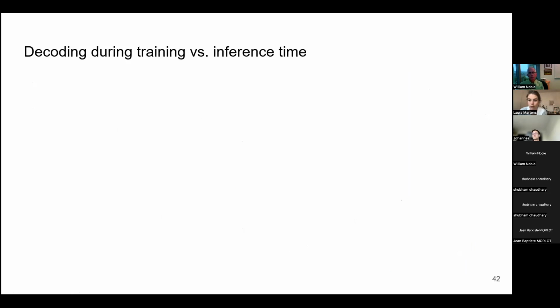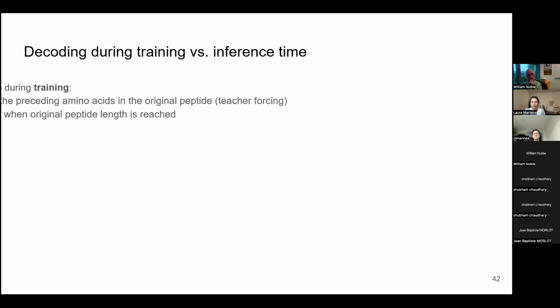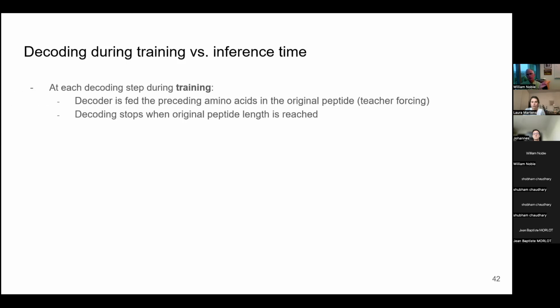Okay, so this is fairly standard, but just to make sure we're all on the same page, the way decoding is done in this model is different during training and during inference. During training, at each decoding step, the decoder is fed the preceding amino acids in the original peptide. It's called teacher forcing. You're forcing it to use the correct amino acids before your current position, and then being asked to predict the next one, and that's where you get your gradients from.